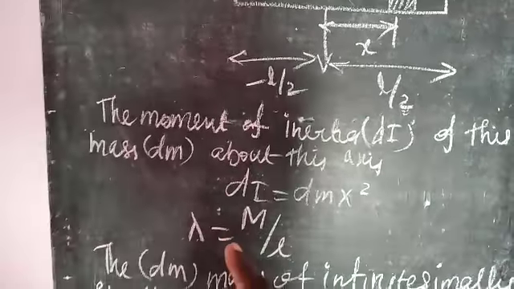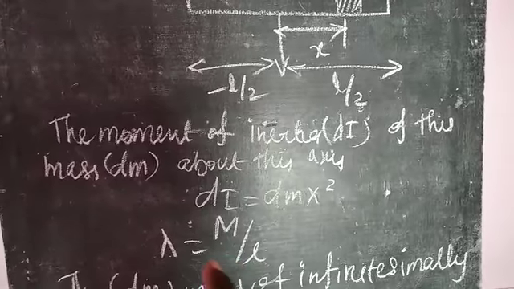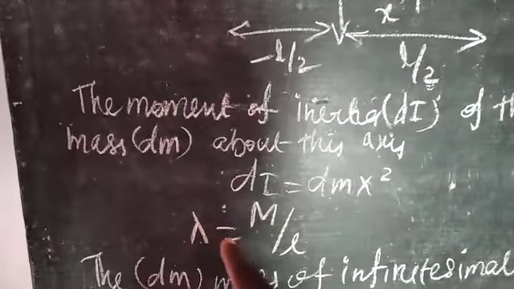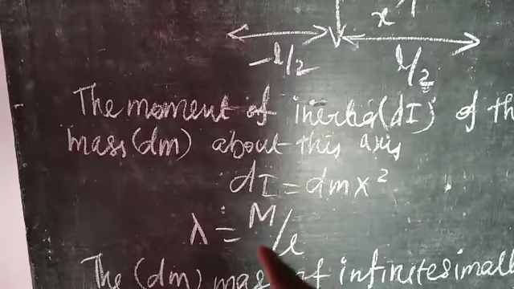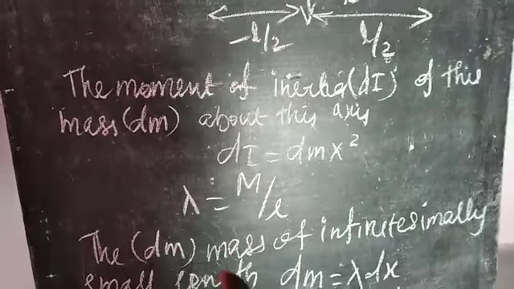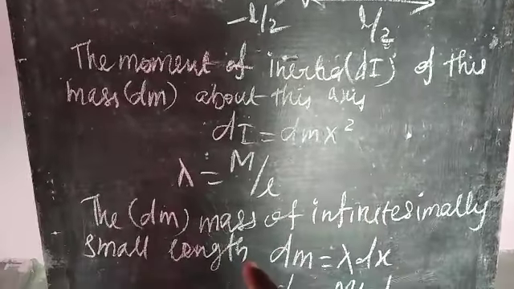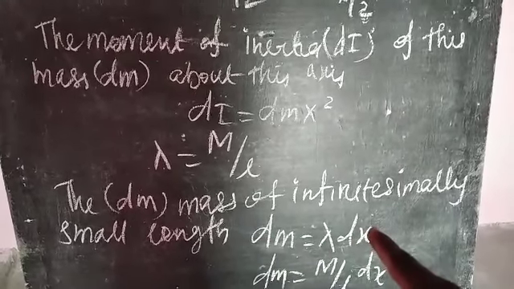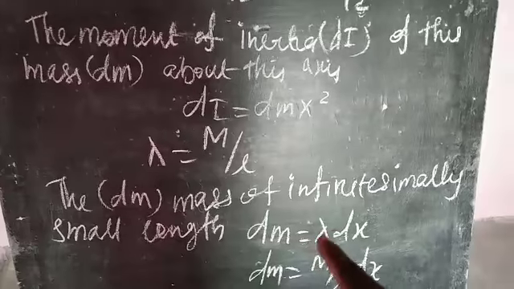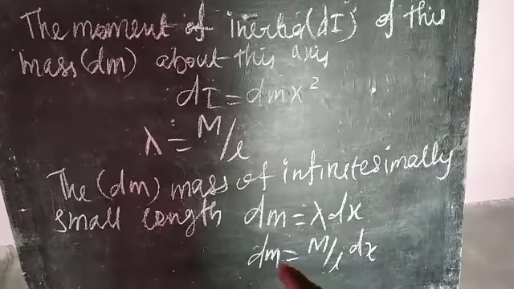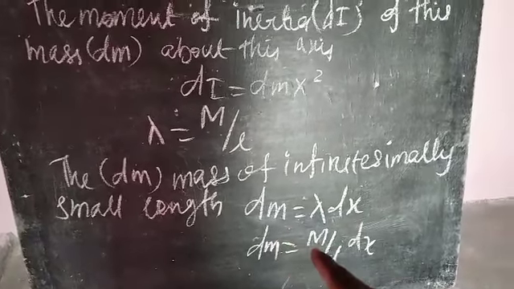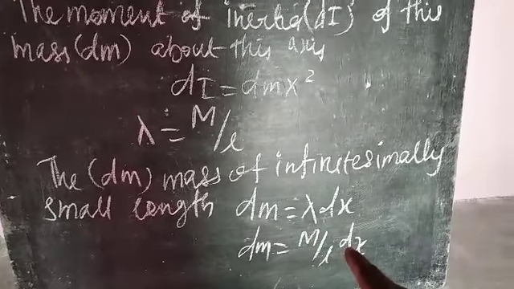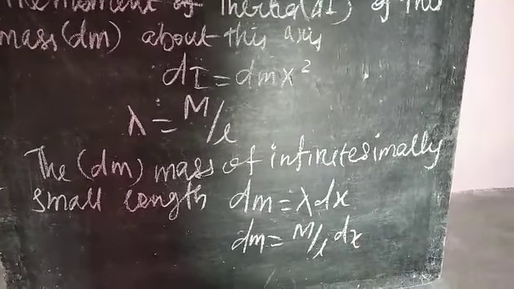The mass is uniformly distributed, so mass per length lambda is equal to m by L. The mass of an infinitesimally small length is dm equal to lambda into dx. Substituting the lambda value, we obtain dm is equal to m by L, that is mass per length, into dx.